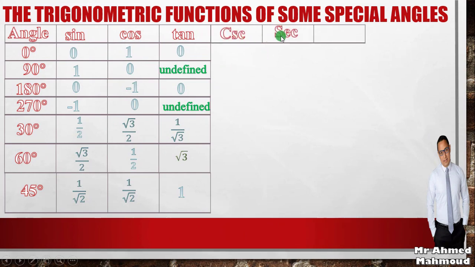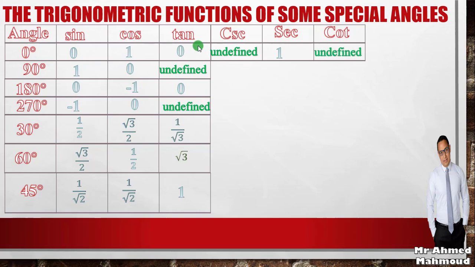Remember with me, cosec is 1 over sine, sec is 1 over cosine, and cotan is 1 over tan. Now cosec 0 will be 1 over 0, which is undefined. Sec 0 is 1 over 1 equals 1. Cotan is 1 over 0, which is undefined.